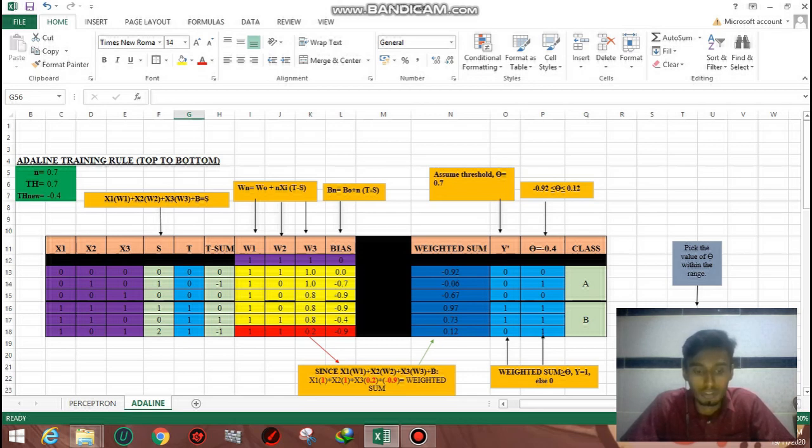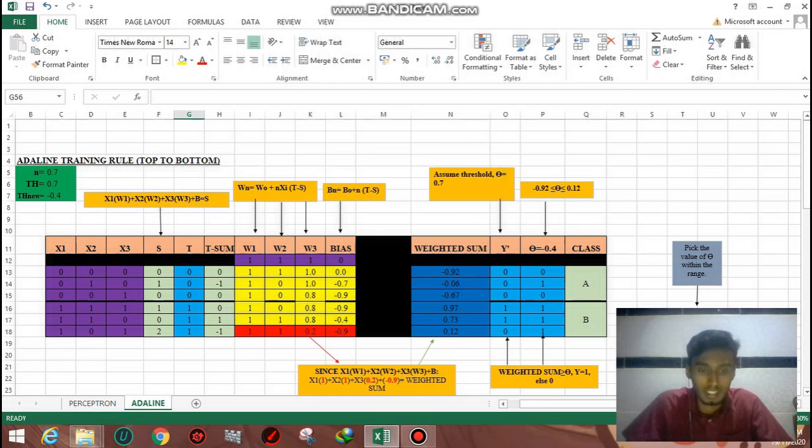Now I'm going to demonstrate how we're going to do ADALINE using Excel software. First, we're going to use the data given, x1, x2, x3, which is shown here.